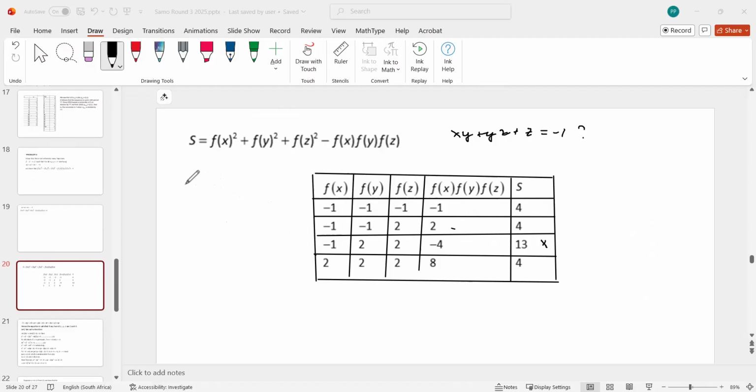Let f of x equal -1 for all values of x except 1. In that case, you will have that this condition is satisfied.